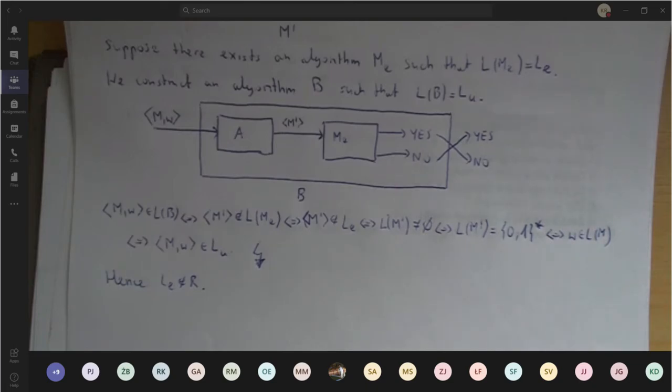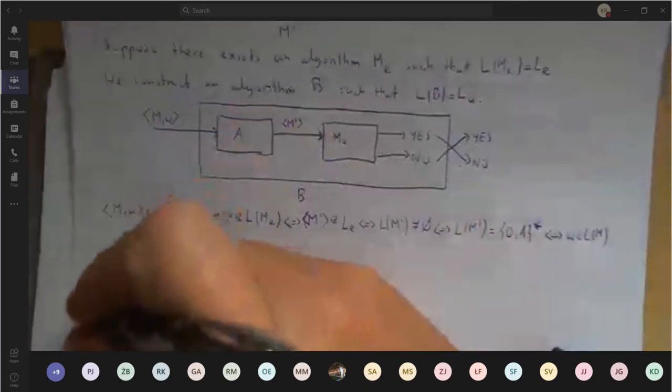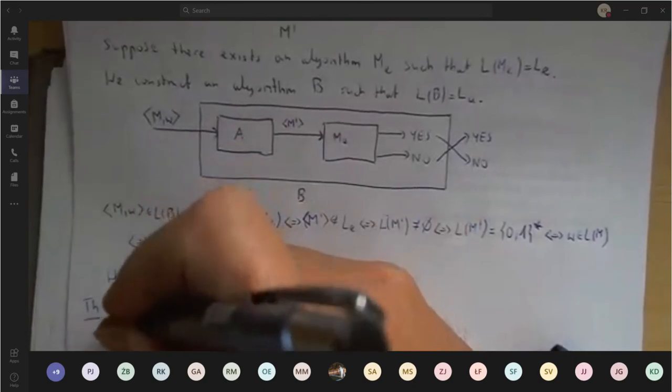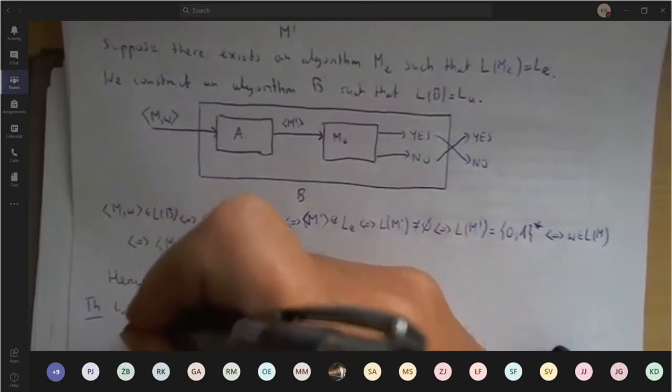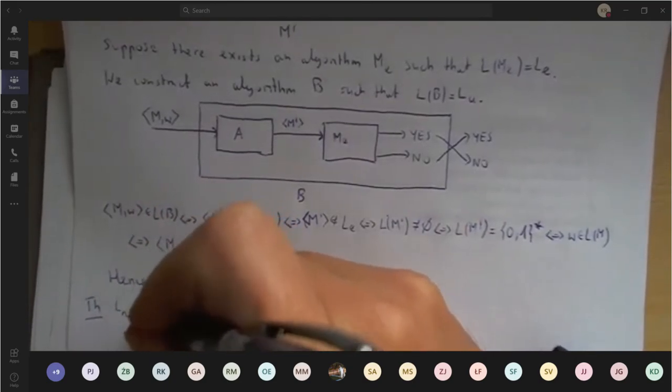Okay, so we know this, and now we will prove that the complement, so L and E, is also not recursive.